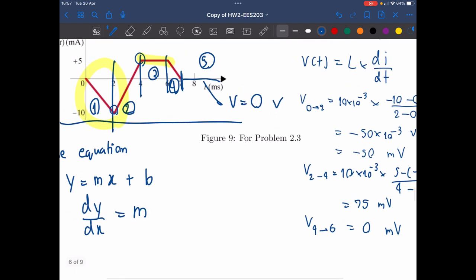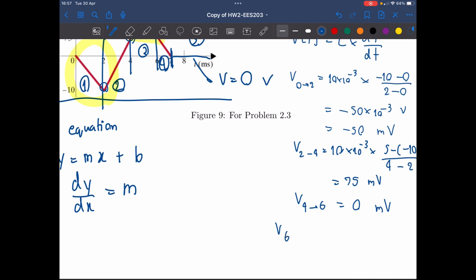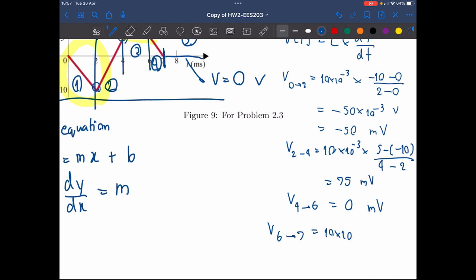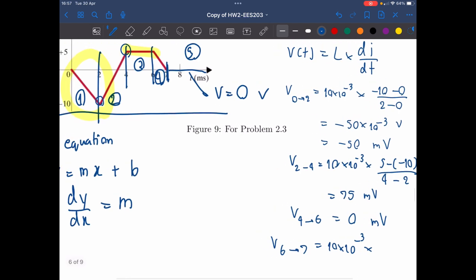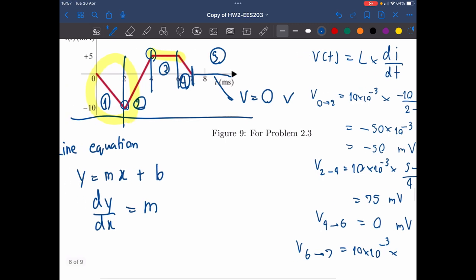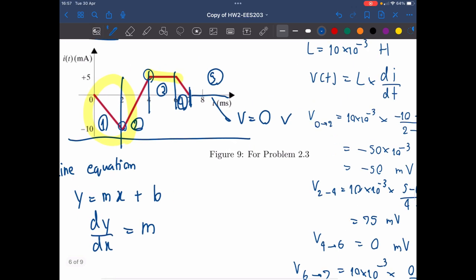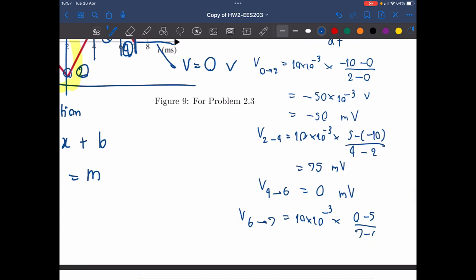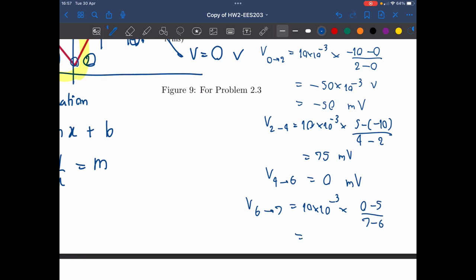And the last part, from the time 6 to 7, is equal to 10, the inductance, times the difference of the slope itself, which is equal to 5 minus 7 minus 6, and in that case results in minus 15 millivolts.